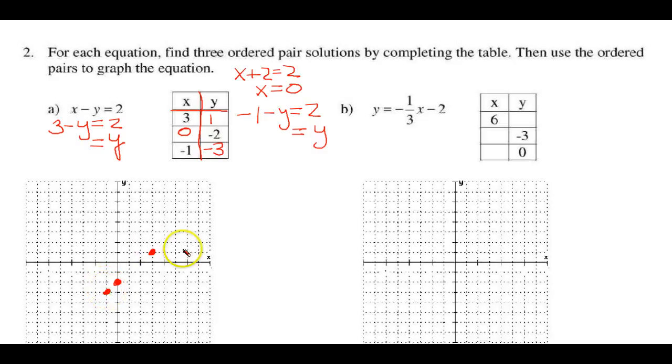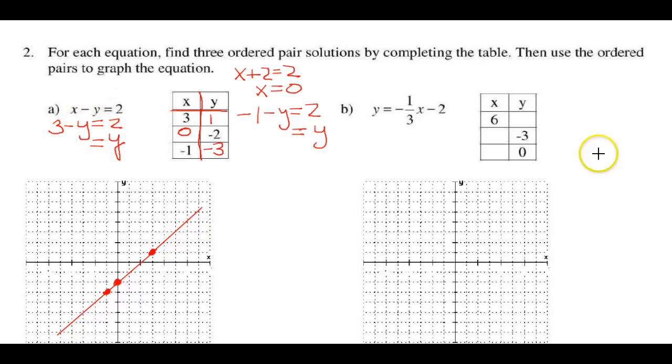Now interestingly, you can see that we have some points that are in a straight line. So we take our graphing tool and just connect them. And this is the graph of this particular equation.